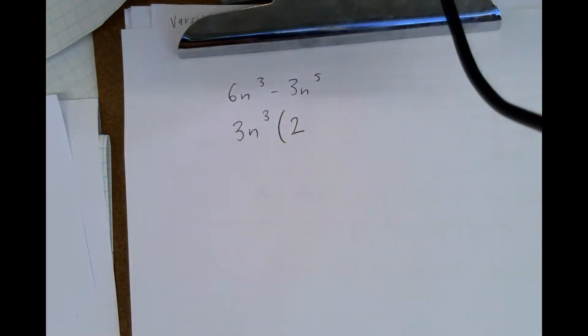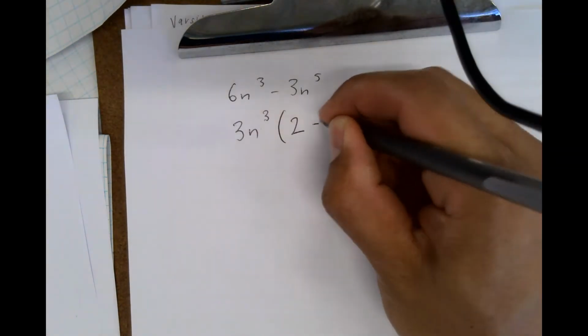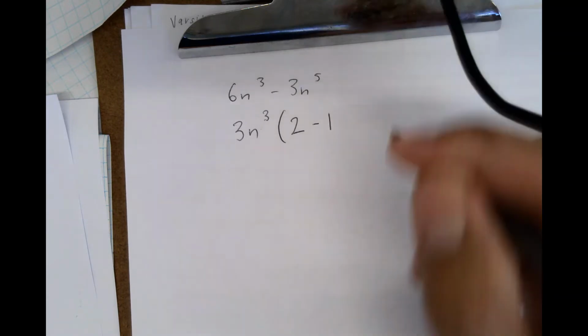And if we divide our second 3n to the fifth, what are we going to have left over? So technically it's sure 1. So make sure you always keep your negative unless you're taking out a negative.